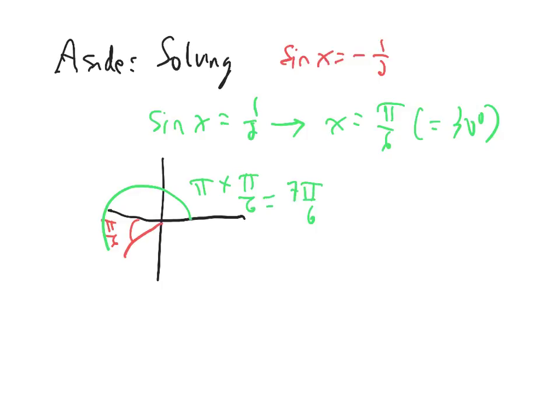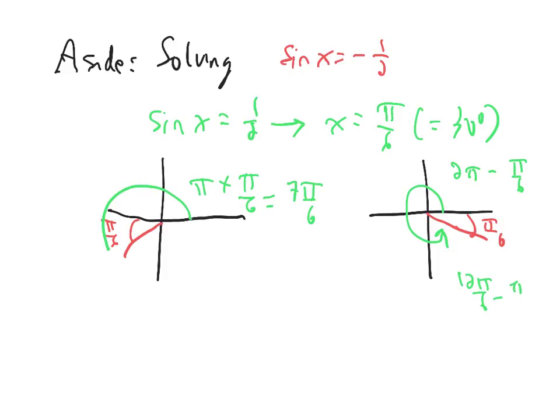The other place where sine is negative is in the fourth quadrant, and again we would be down by pi over 6, but now we're short from 2 pi for that angle by pi over 6. So this angle would be 2 pi minus pi over 6, but 2 pi is the same as 12 pi over 6, so we have 12 pi over 6 minus pi over 6, which of course is just 11 pi over 6. And that's where our two answers came from.